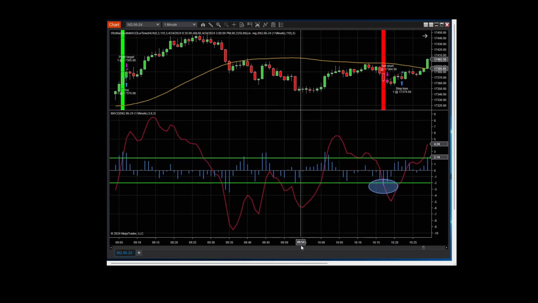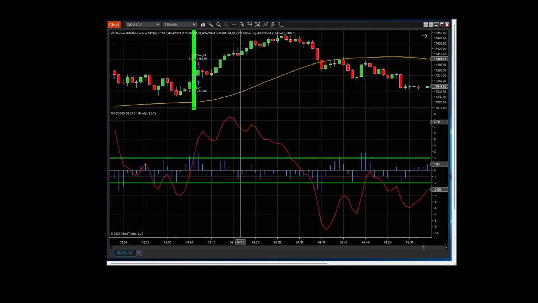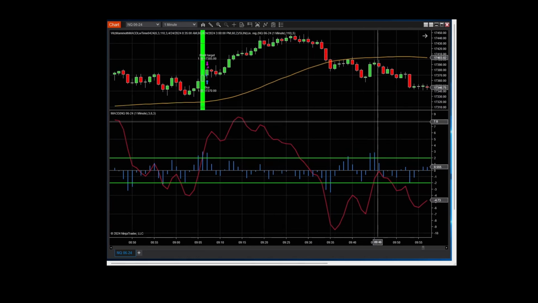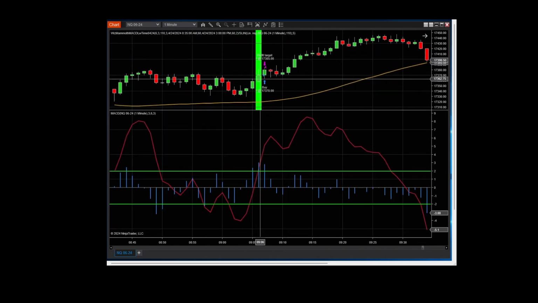Now for longs, it's the same thing. There's a long right here, and I have the background painted green so you'll be able to see the bar. Because of this condition, the linear regression is up, because the current linear regression is greater than the previous linear regression. And the average line has crossed and passed above zero, and the diff line is above 2, which is right here.